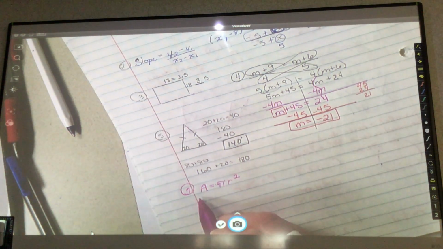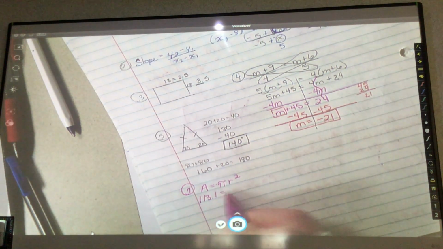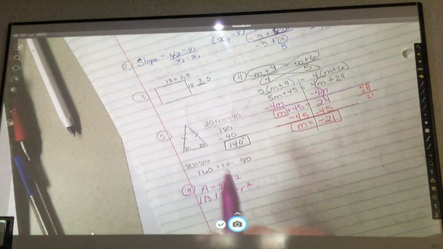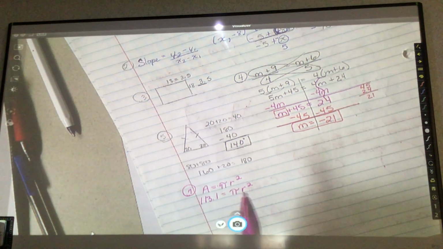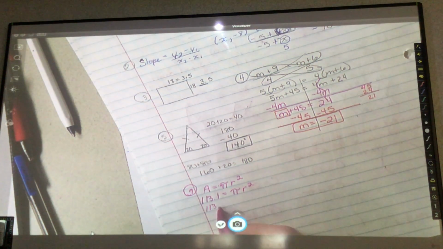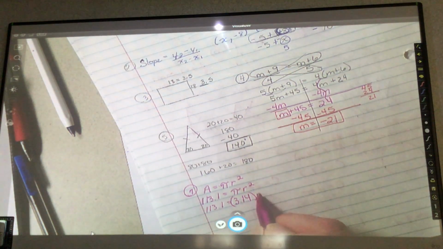We know the area, so I put in 113.1 equals pi r squared. I know what pi equals, right? What does pi equal? So I got 113.1 equals 3.14 times r squared.